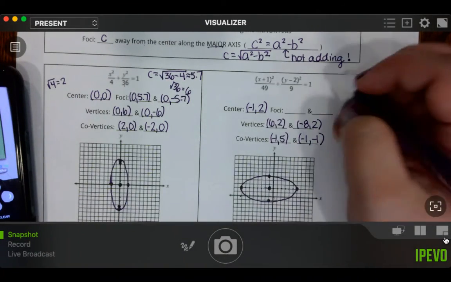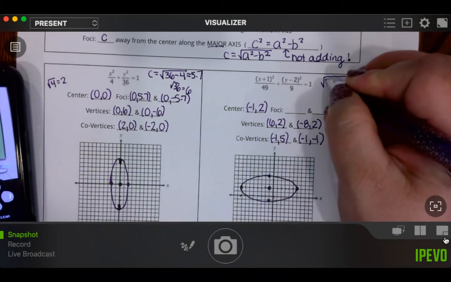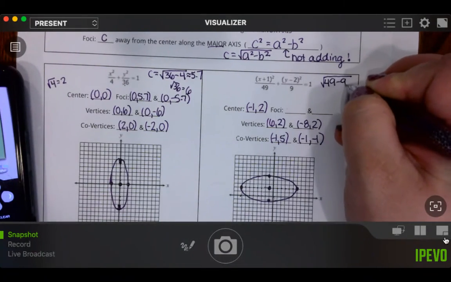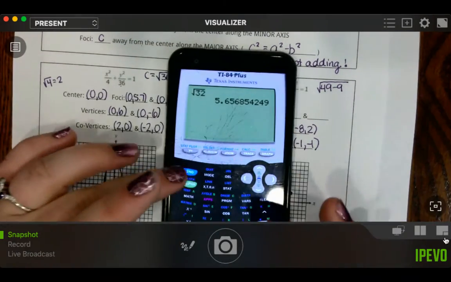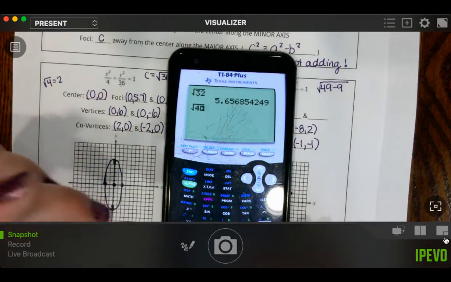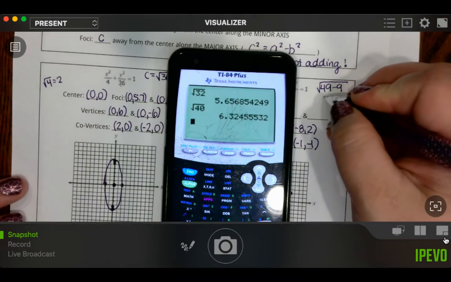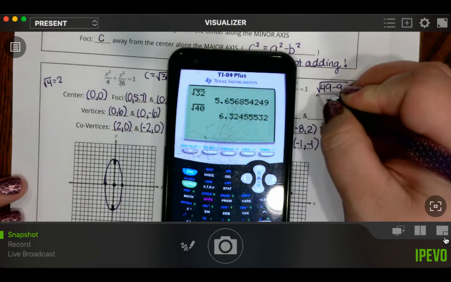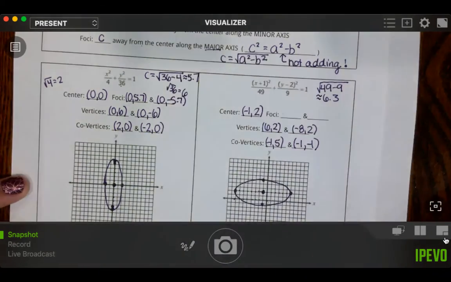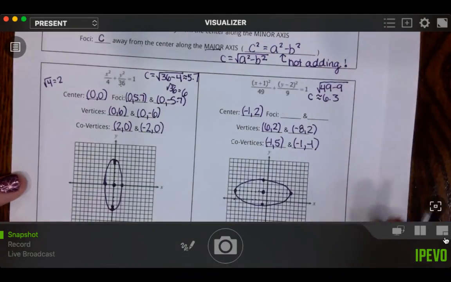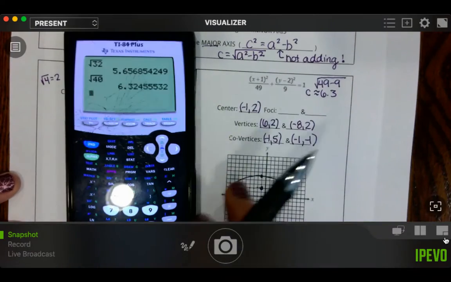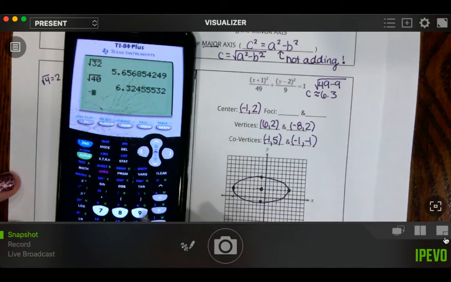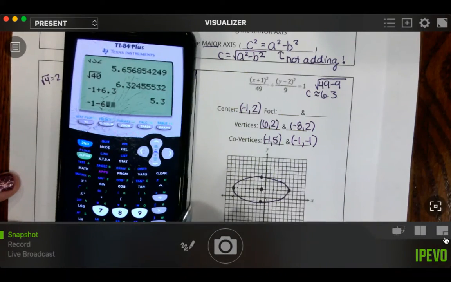Over here, same thing, but it's 49 minus 9, which is the square root of 40, which is about 6.3. So I would go left and right 6.3, which means that my foci would be -1 plus 6.3 and -1 minus 6.3.